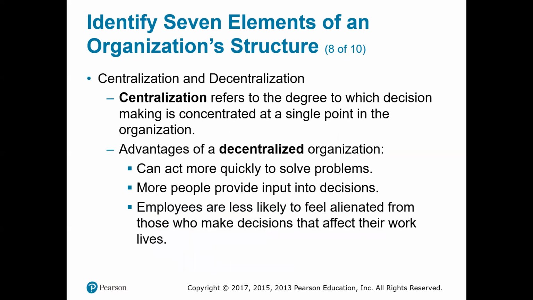We spoke briefly about centralized and decentralized structures. Centralization is where every decision has to go to the top and gets done at the top. Decentralization is where authority is given to several people in several positions in the organization, meaning decision making is faster. You don't have to go up for approval for every small thing.